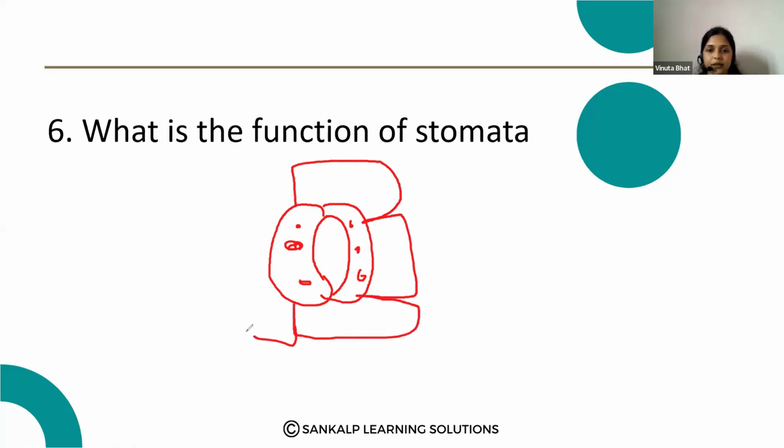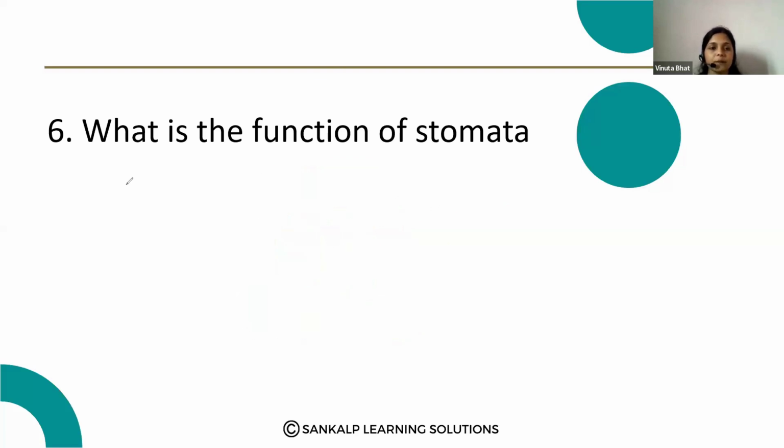Okay, so this is the rough diagram, how it looks, stomata here. This is the stomatal pore, these are the guard cells and this is the chlorophyll. So like that you have to mention the parts in the drawing.